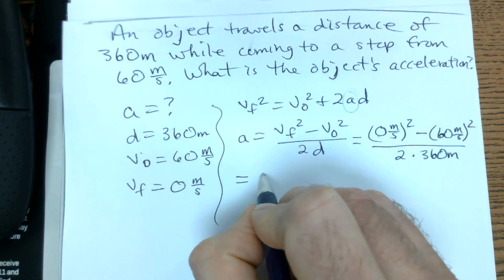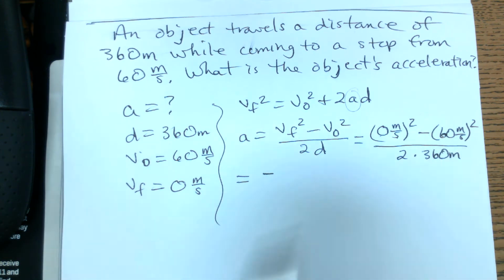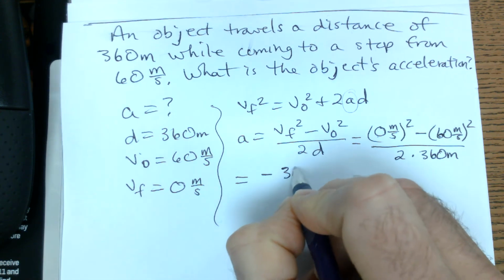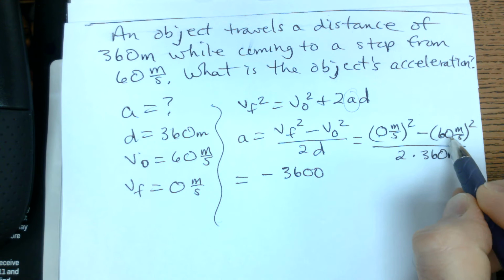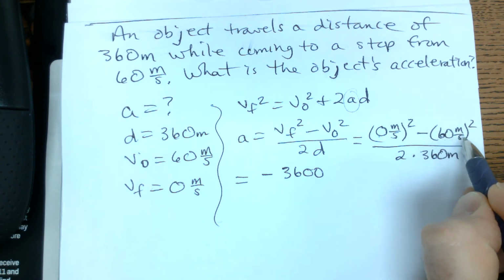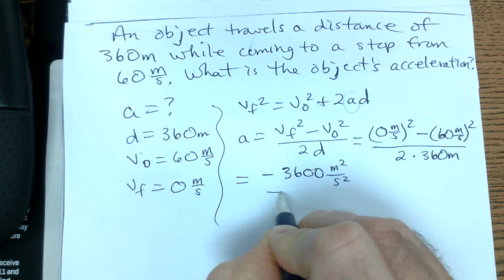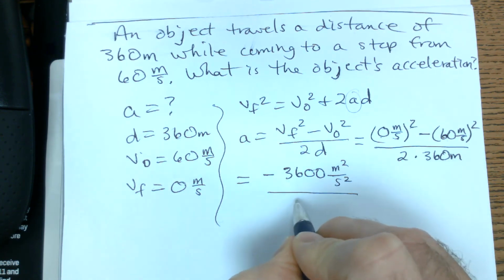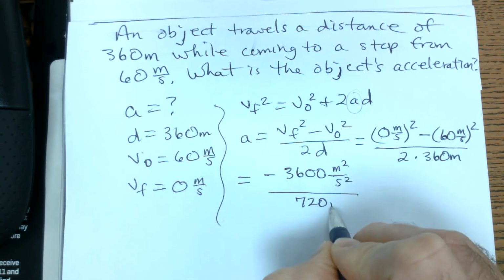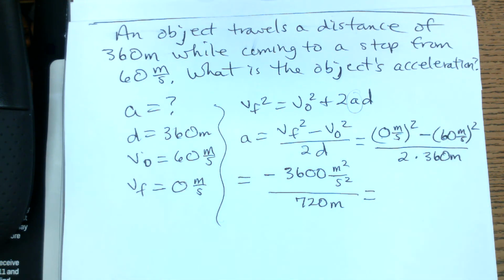So I have negative 60 squared, which should be 3,600. I not only have to square the number, but the units, meters squared and seconds squared. Then I'm going to divide that by 2 times 360. That's 720 meters. Okay.